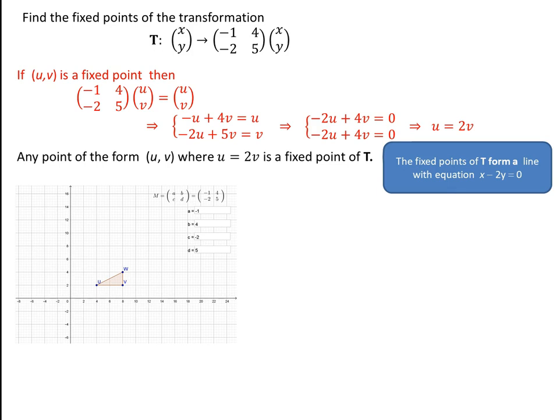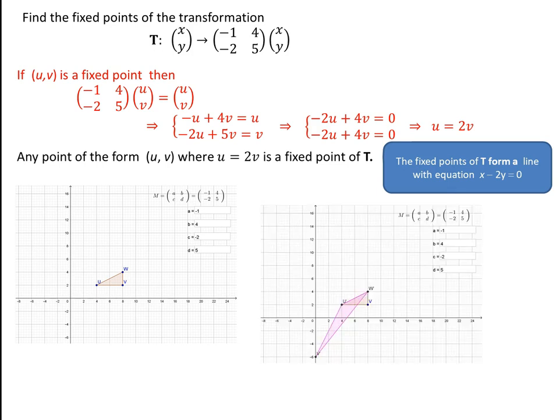So when we show the original triangle UVW together with the image triangle U'V'W', we can see that U' and W' are in exactly the same point as U and W. And in fact, all of the points in between U and W have also been fixed by the transformation.